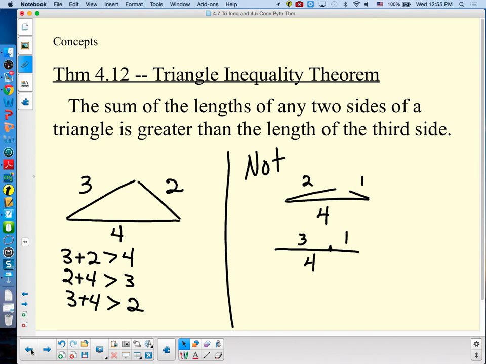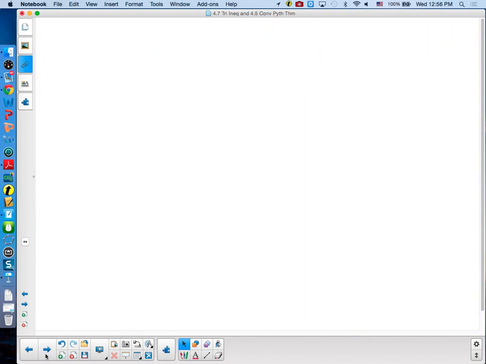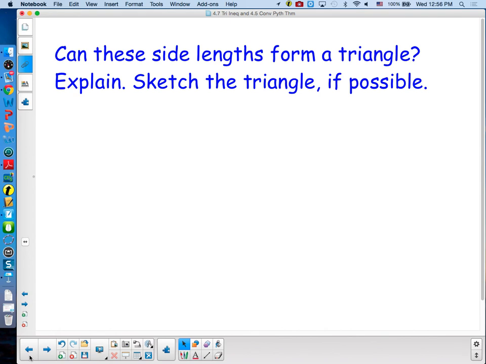All right, let's do another combination. How about 10, 15, and 20? Will that make a triangle? Tell me what you think it looks like. Do you think it would be a right triangle?